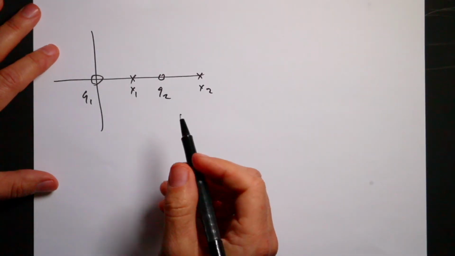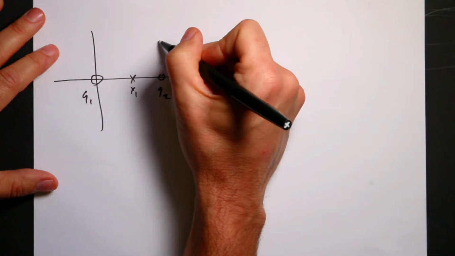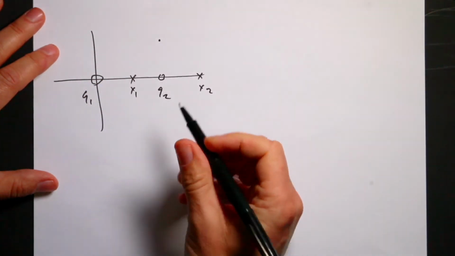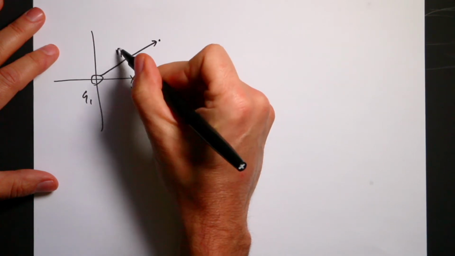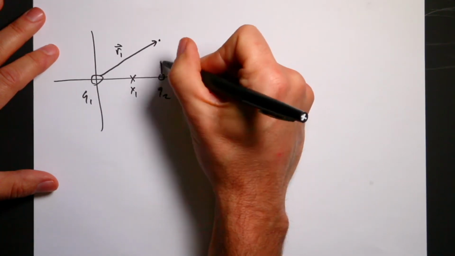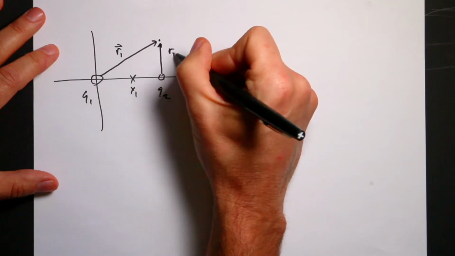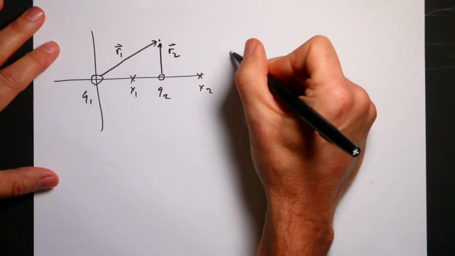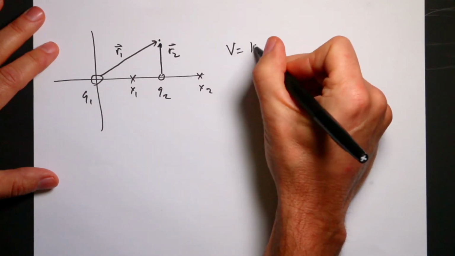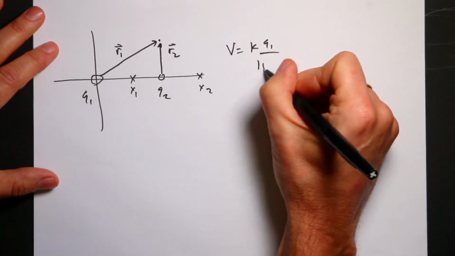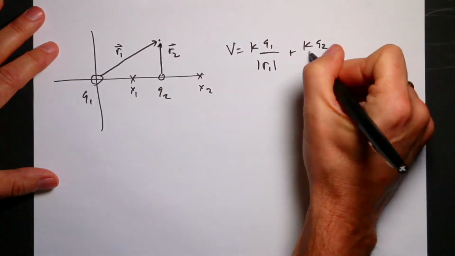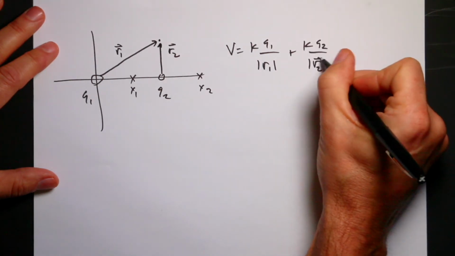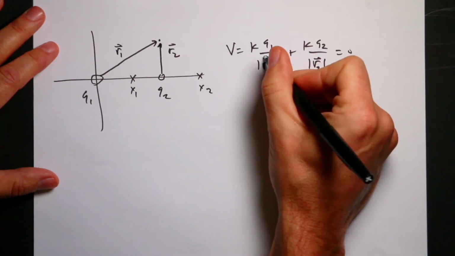Because I can imagine if I am right here, if I want to find my observation location right there, this is the vector r1. This is the vector r2. So I have V equals k q1 over the magnitude of r1 plus k times q2 over the magnitude of r2 equals 0. Is that possible?